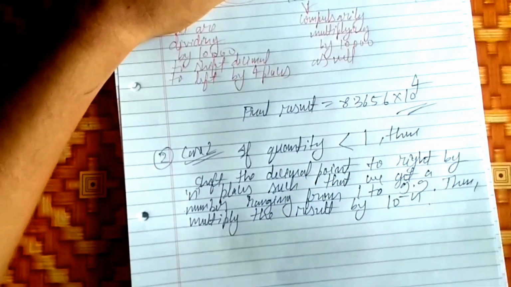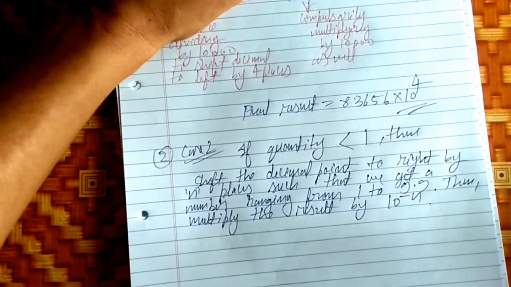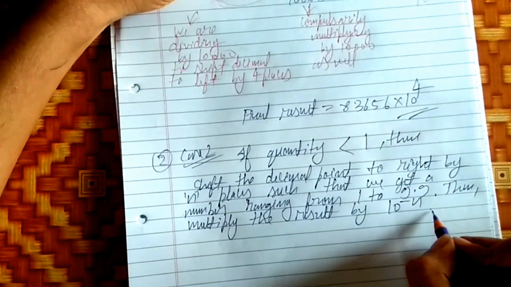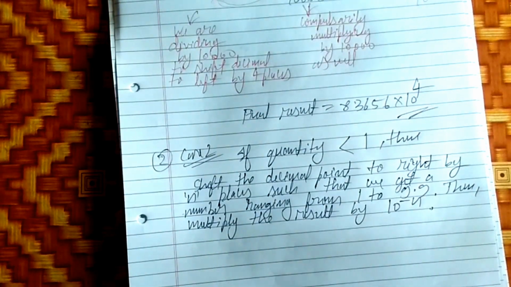Okay, in the previous case it was 10 to the power n, in this case it is 10 to the power minus n. All right, so let's understand this with the help of an example.